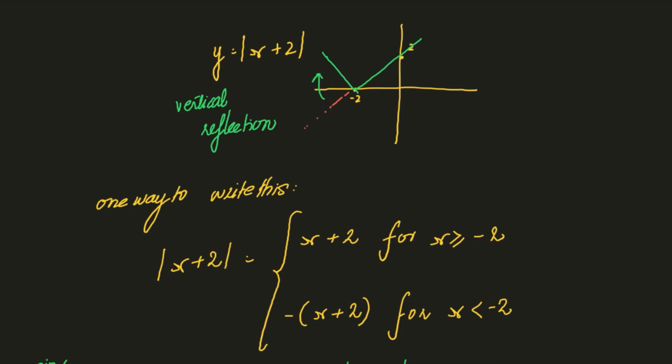However, for x less than minus 2, you can see that there's a vertical reflection, and in a vertical reflection you basically change the sign of f(x). The vertical reflection of f(x) is minus f(x) because you're changing the sign of all of the outputs you're getting. So minus of x plus 2 for x less than minus 2.